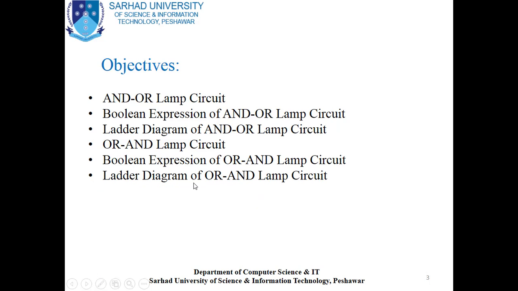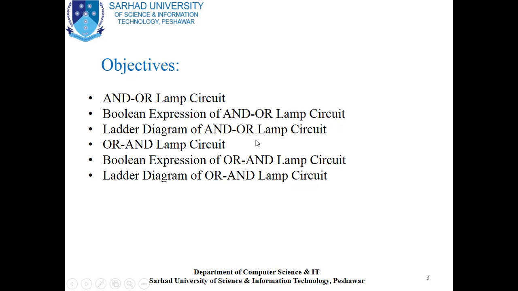These are the few objectives which we will study in this lecture. The first objective is AND lamp circuit. The second objective is Boolean expression of AND lamp circuit. The third objective is ladder diagram of AND lamp circuit.